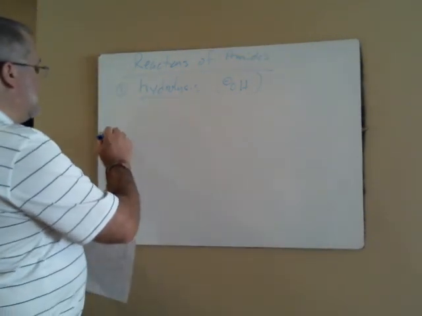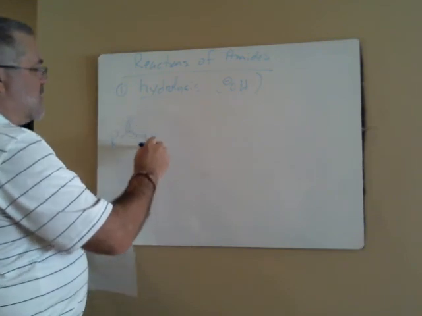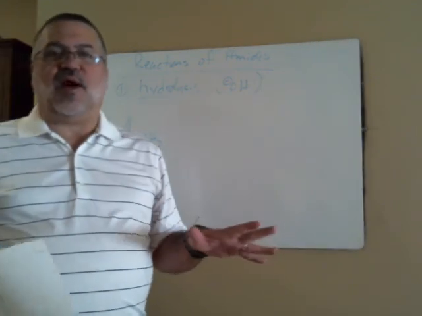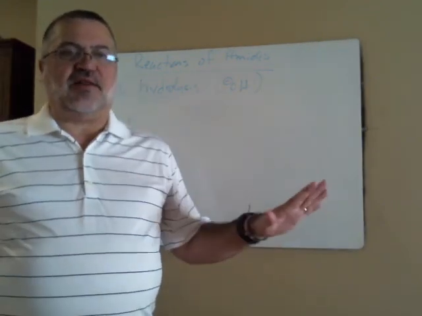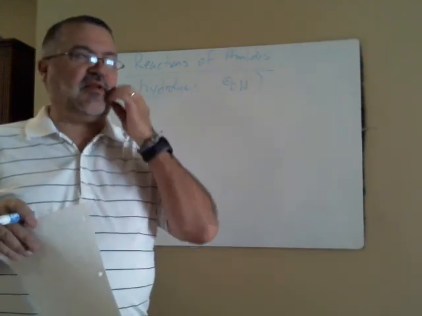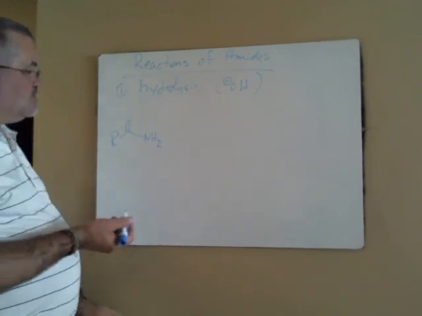So how would we do the mechanism for this? Now, the unfortunate thing is if we were all in class together, usually at this point, I divide the class in half and have you all figure out the acidic and the basic mechanism for this. But since we're recording, I have to do it all.